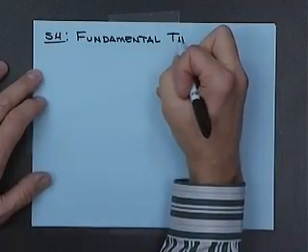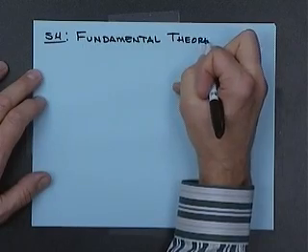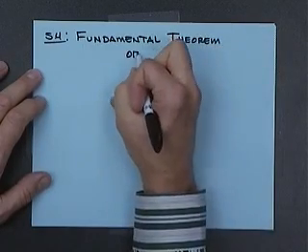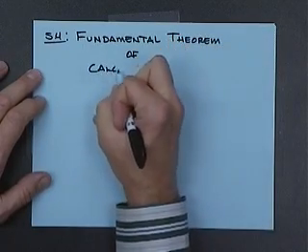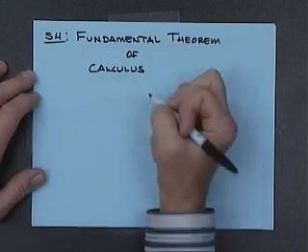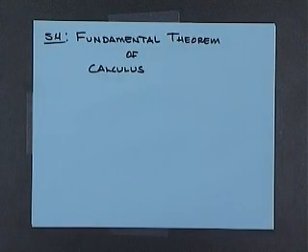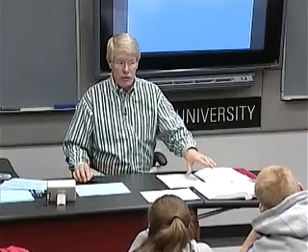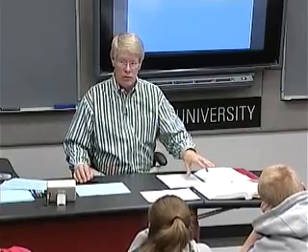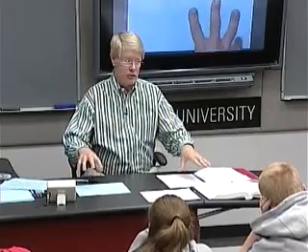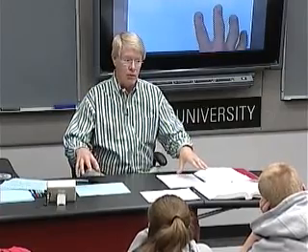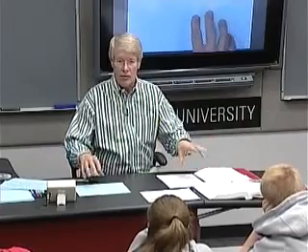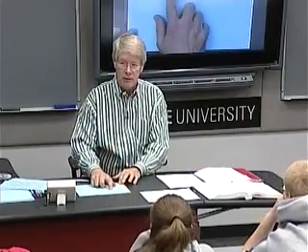Fundamental theorem of calculus. There are kind of two pieces of calculus. One is the derivative, called differential calculus, finding and using derivatives. The other piece we have just entered into: antiderivatives, or integral calculus. So differential calculus and integral calculus are related by this theorem.